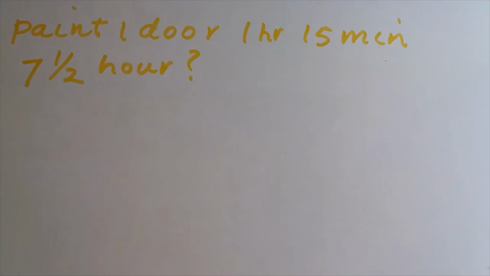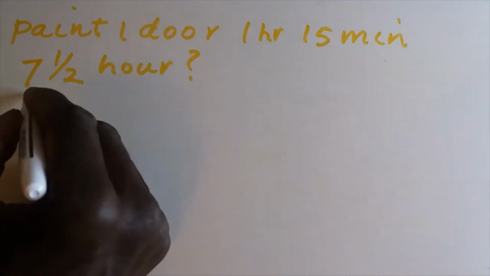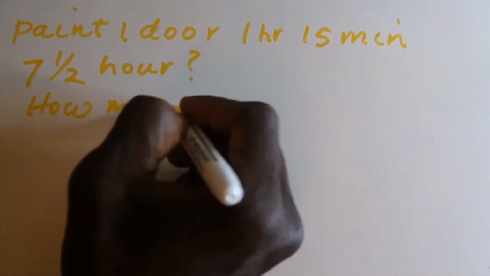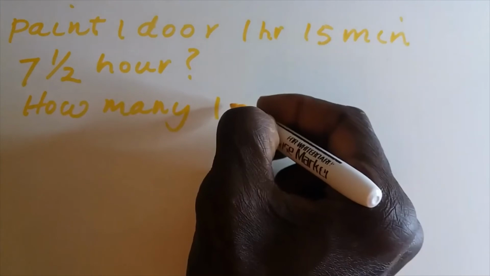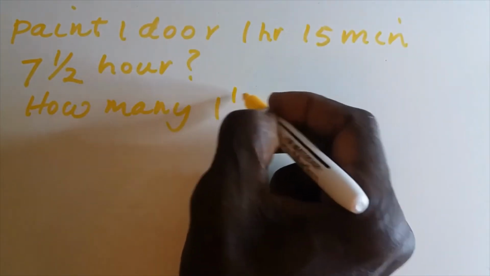First thing we can do with this question is to rewrite it. It's simply asking how many, let's rewrite it, how many 1 hour 15 minutes is 1 1/4 of an hour.